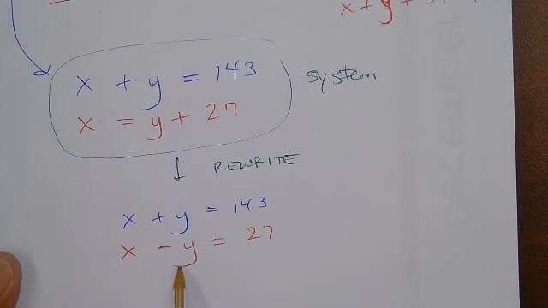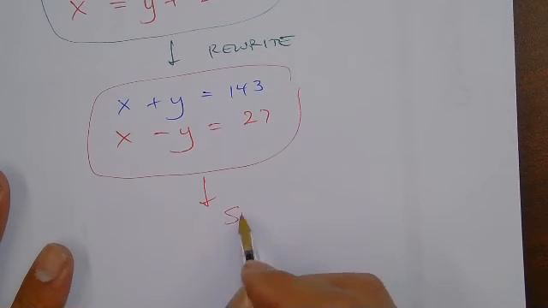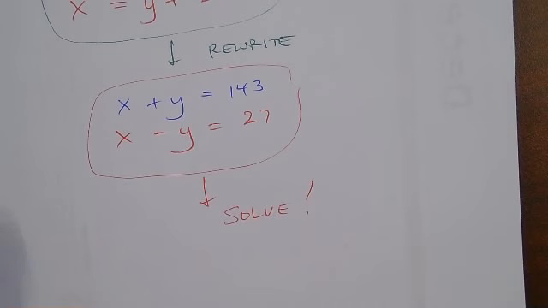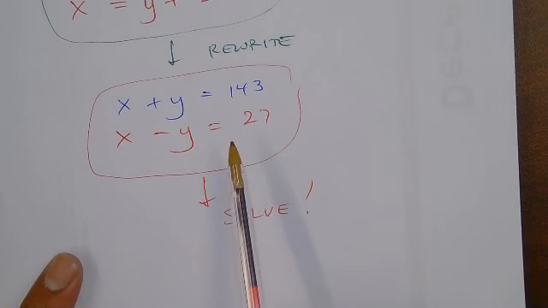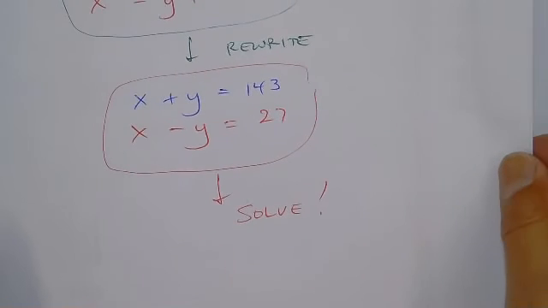You guys see why that is? You better, because this y is positive here, but when you move it to this side it changes. And then from here you should be able to easily solve it by elimination. As a matter of fact, you could probably give me the answer for x right now, but you can work that out later on your own.